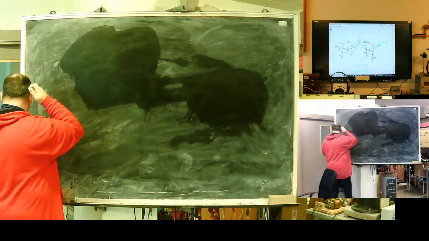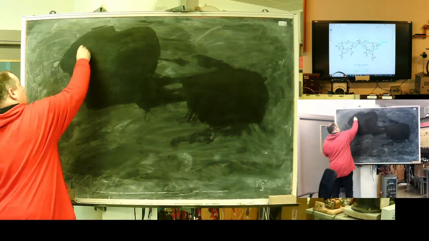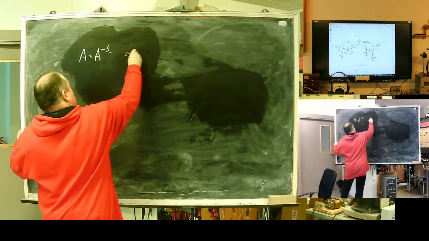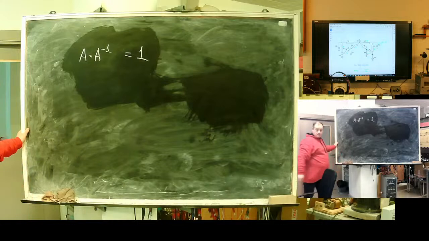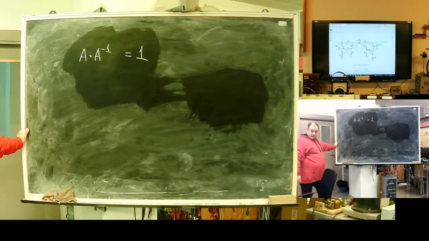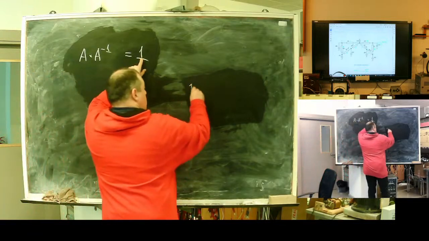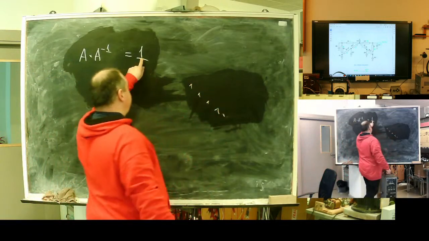If we write something like A multiplied by its inverse equals 1, it's from linear algebra. A matrix multiplied by its inversion should yield the identity matrix, 1, 1, 1, 1.